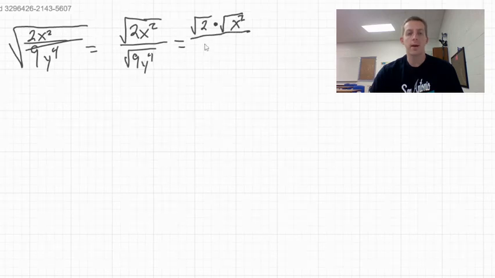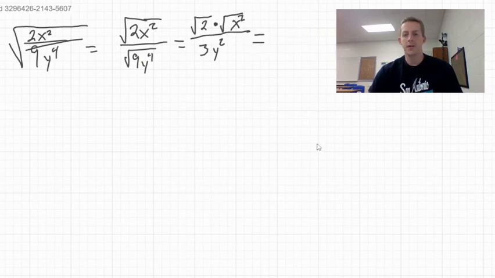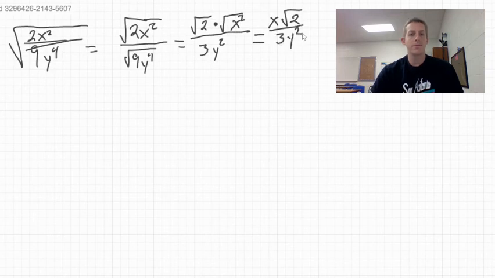Square root of 9 is going to be 3. Square root of y to the fourth is going to be y squared. And I think I'm going to move down to this corner here. It's going to be x, because square root of x squared is x. Square root of 2, all that divided by 3y squared. Ta-da!